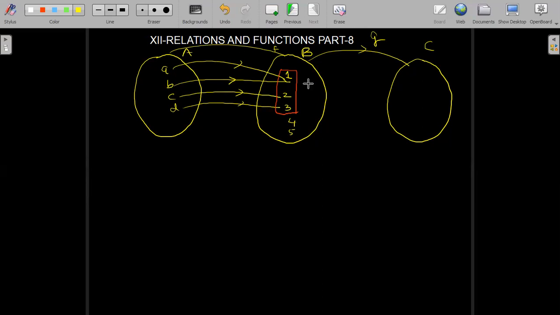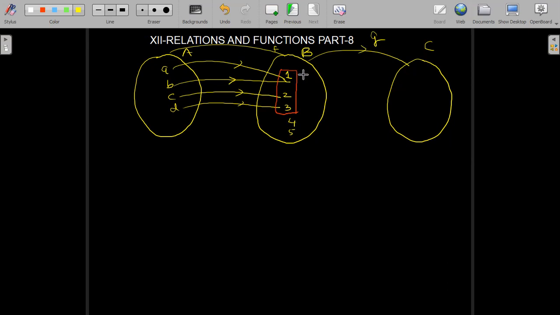So it is necessary that B must have more elements than the range of A. That's why we are saying that the range of A is a subset of the domain of G. What is the domain of G? The domain of G is the set B, but it should have more elements.